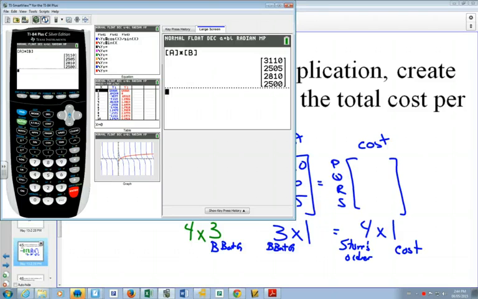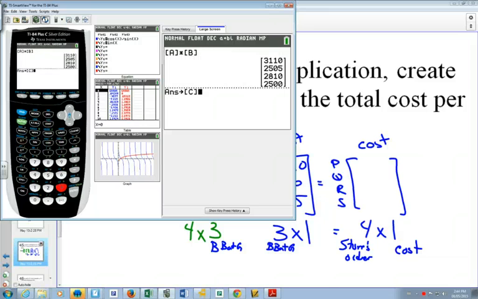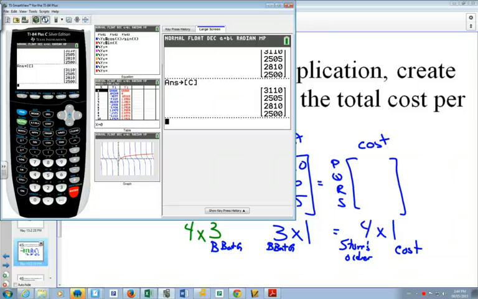As well, we can say, well, maybe I need these numbers for later, so I can store what I just got as a matrix C. Second matrix C. And so now it'll automatically put all that data into matrix C for me, so I wouldn't have to retype it in. The store button is just above the on button.